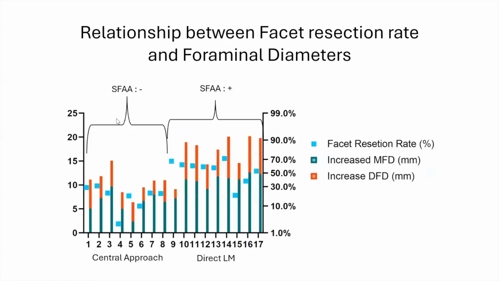So this is the sum up. For the central incline approach, the facet resection rate is much less, and the medial and distal foramen diameters are less than with the direct lateral mass approach. In contrast, the lateral mass approach can have much more medial and distal diameter increase.